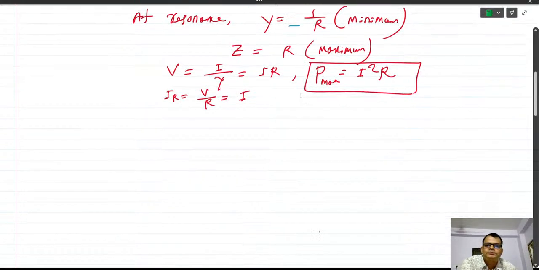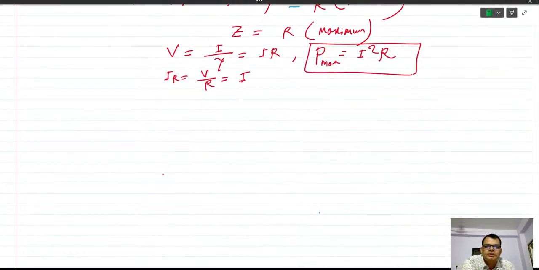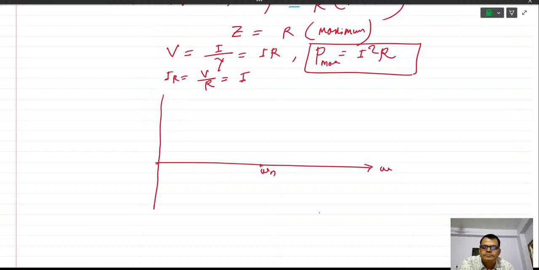so let us draw the functions with respect to omega. Here is your omega n, this is your 1 upon R, which is equal to conductance, right?